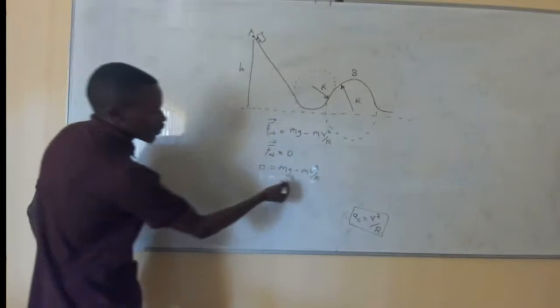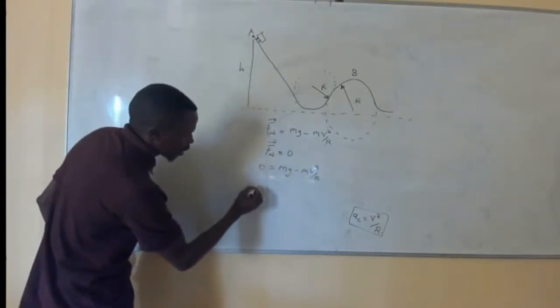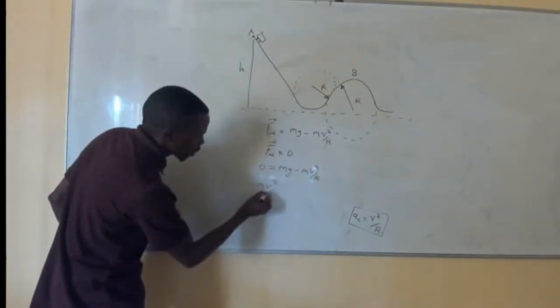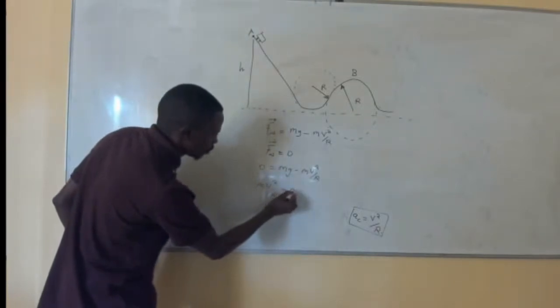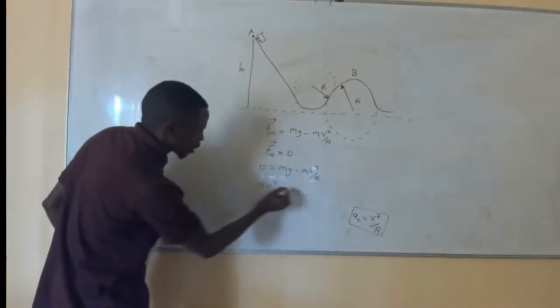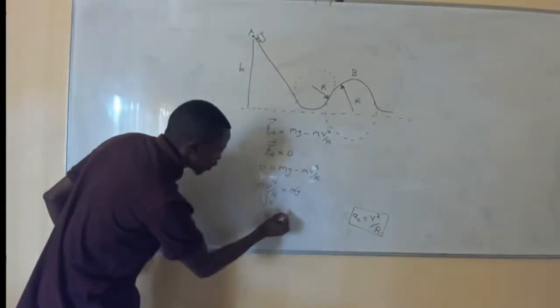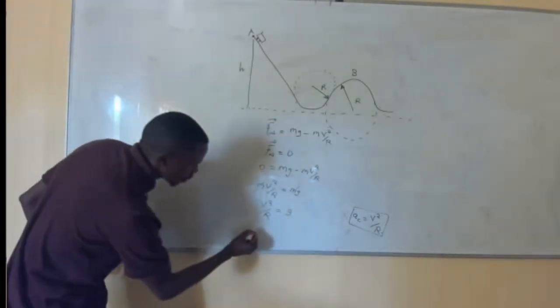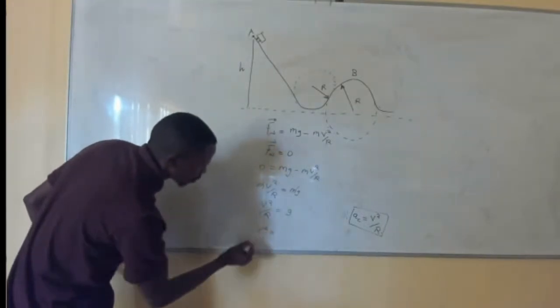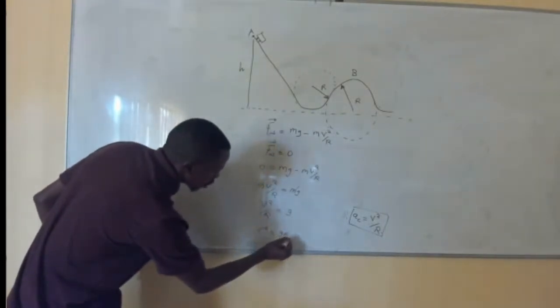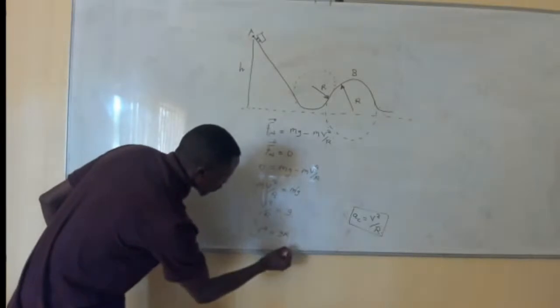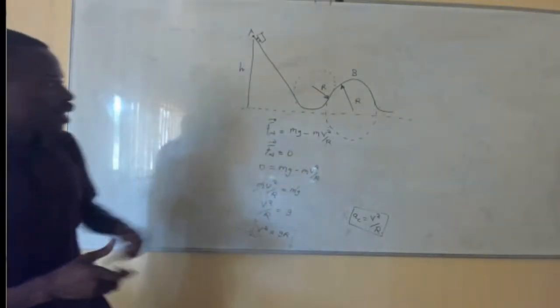So m v squared over r is equal to mg. Cancel out the m's, I'll have v squared over r is equal to g. If I make v squared the subject of the formula, I'll have v squared is equal to g r. And that gives me the velocity at that point.